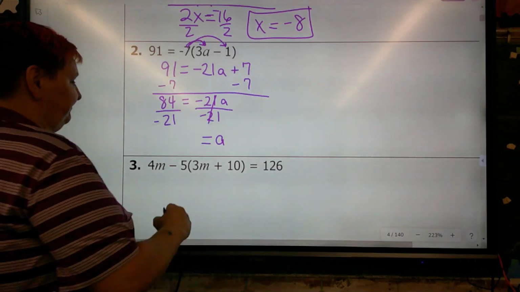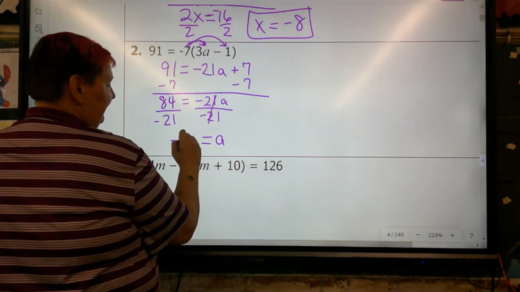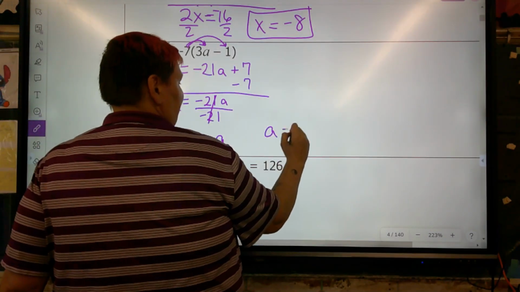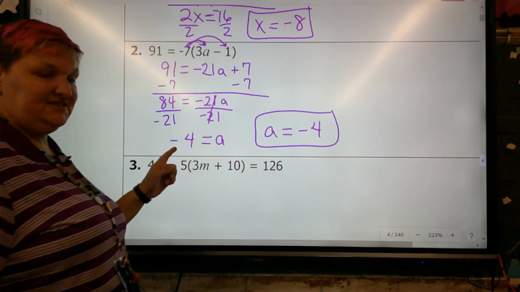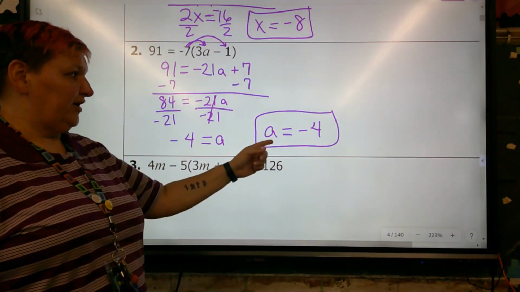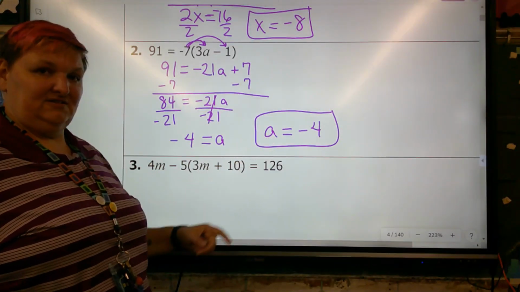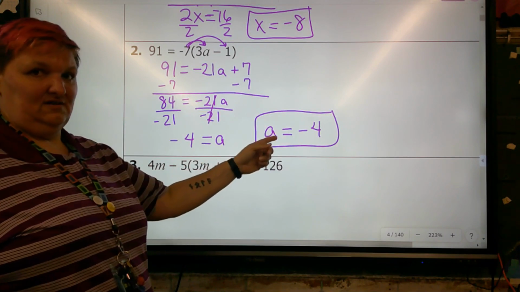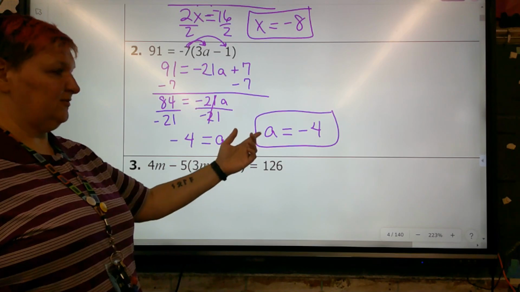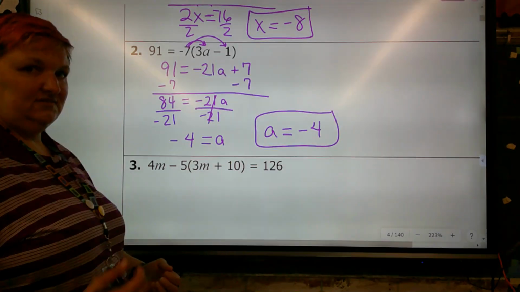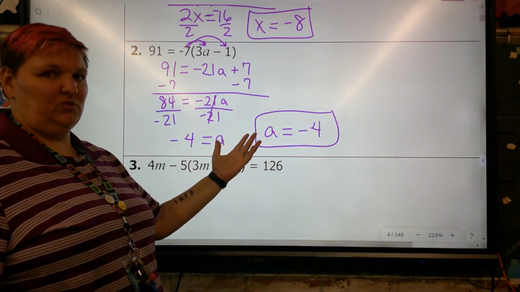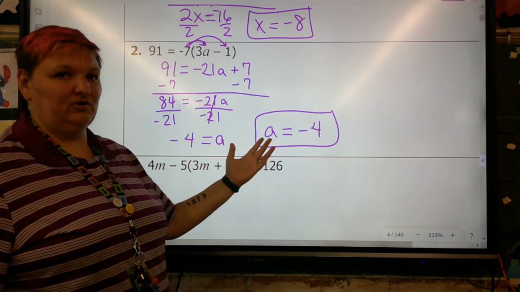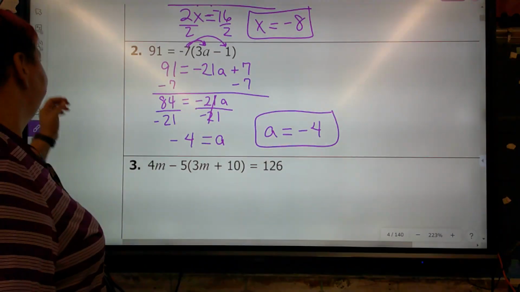And it's going to be negative. So a equals negative 4. Technically, this is the right answer as well, but I prefer the variable to be on the left. Most people prefer the variable to be on the left, because it's telling us what variable we were trying to find the value for, and it's telling us the value, right?